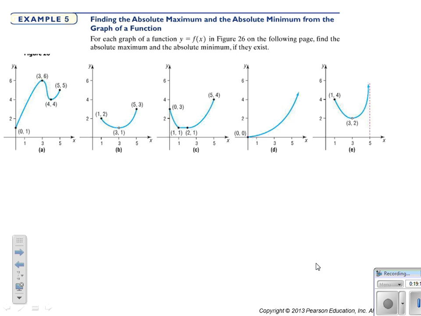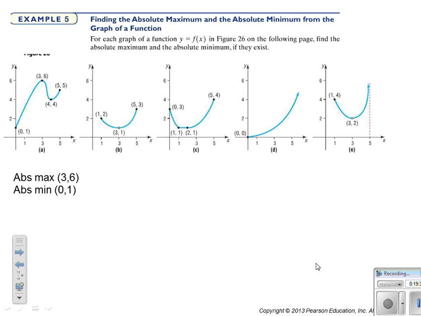Okay, so if you look at A, the absolute max is at 3, 6. So I think it's this point here. Oh, 3, 6 is higher. My graph has this a little lower.